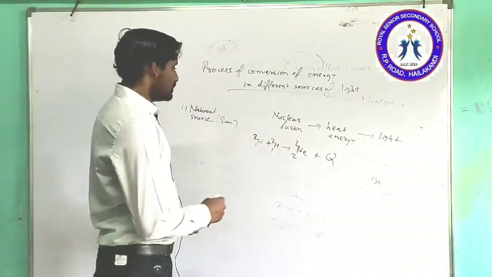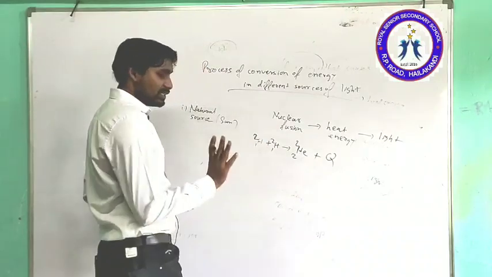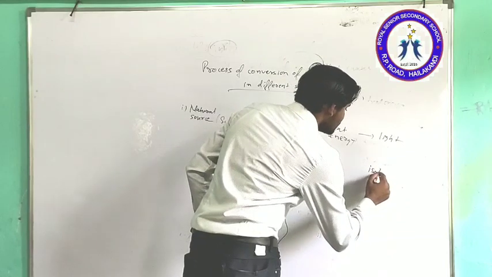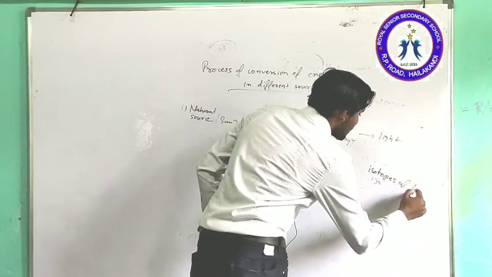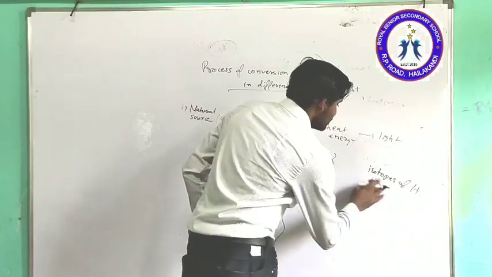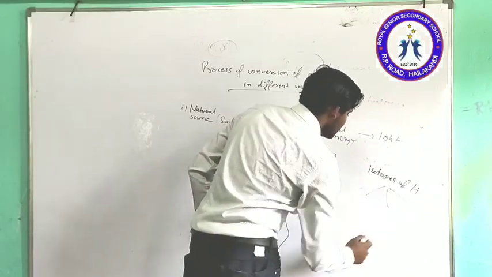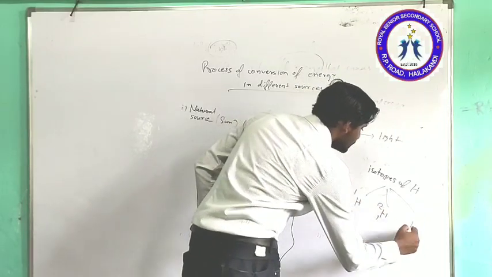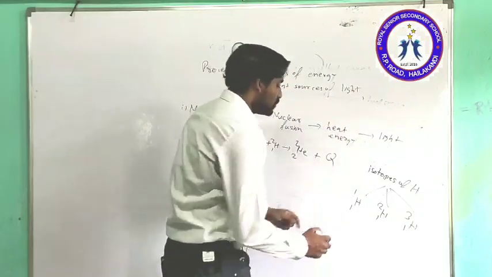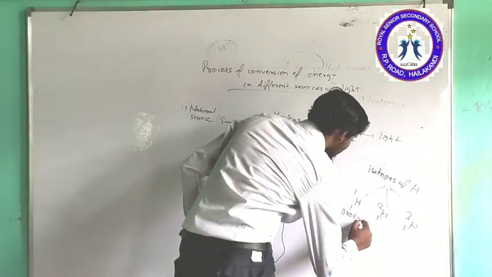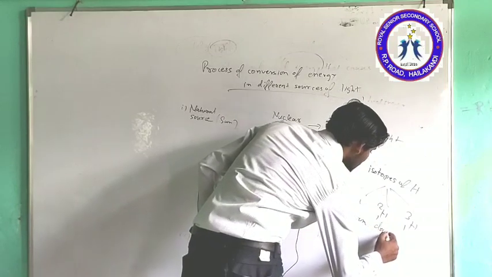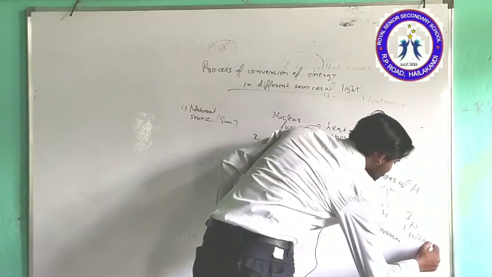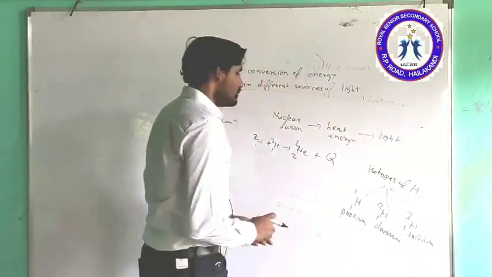So it is one isotope of hydrogen. There are three isotopes of hydrogen, as I just told you. If we consider the isotopes of the hydrogen atom, there is hydrogen 1 1, hydrogen 1 2, and hydrogen 1 3. Here it is called protium, deuterium, and tritium.